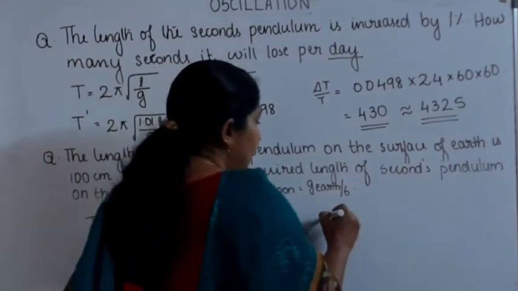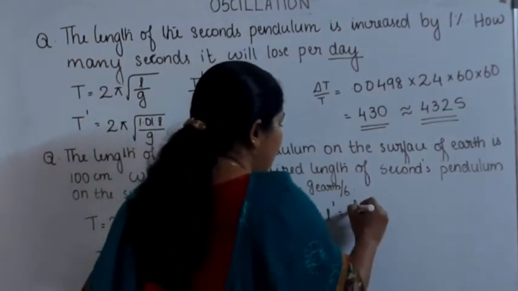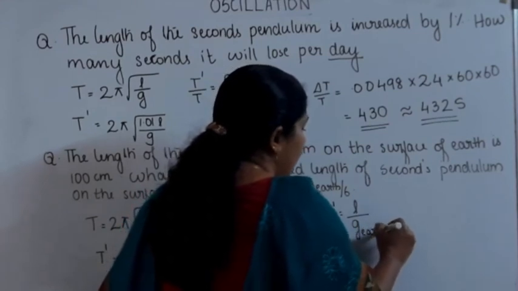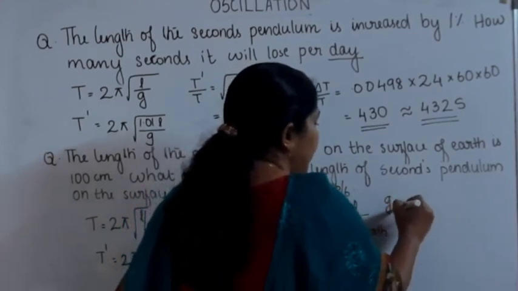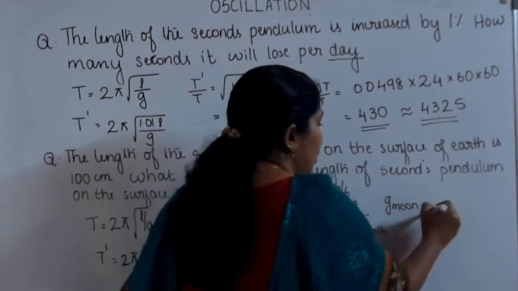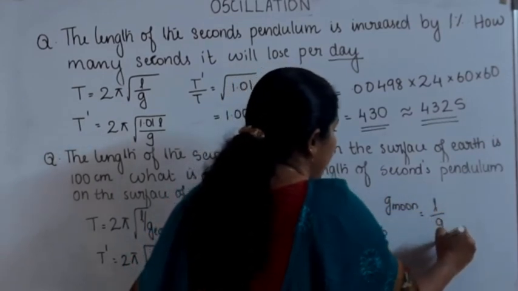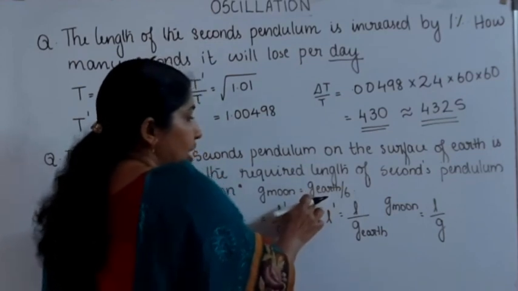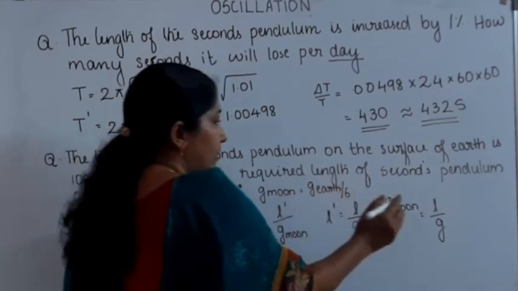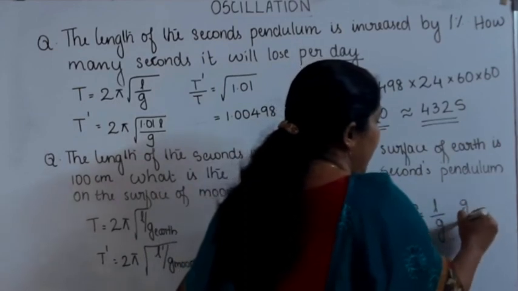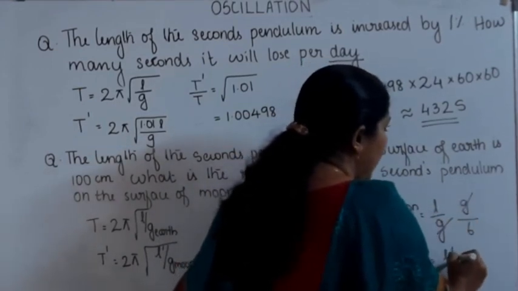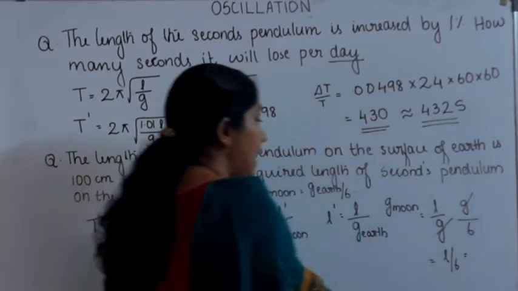Then L' is equal to L divided by g earth into g moon. Here g moon is equal to g earth divided by 6. On cancelling g earth, we can write L divided by 6. L by 6 is the answer.